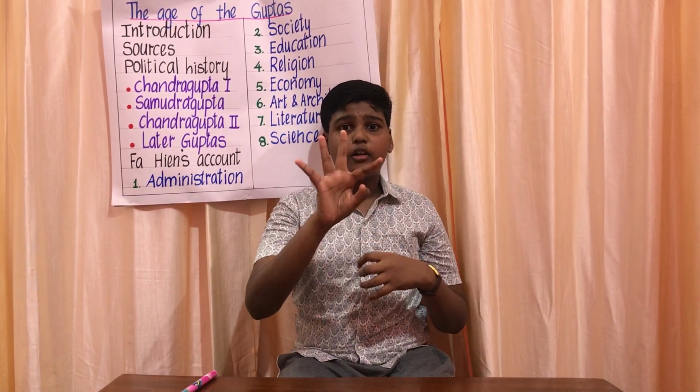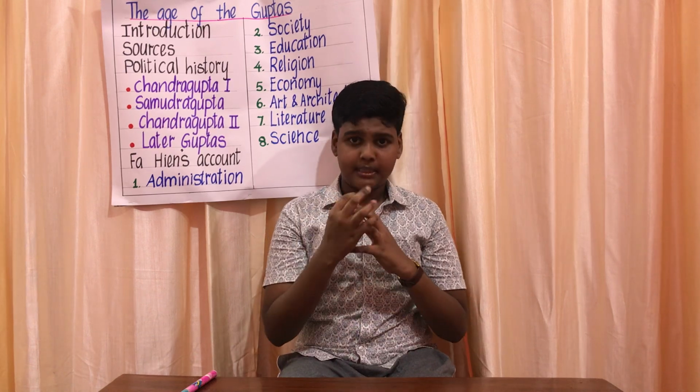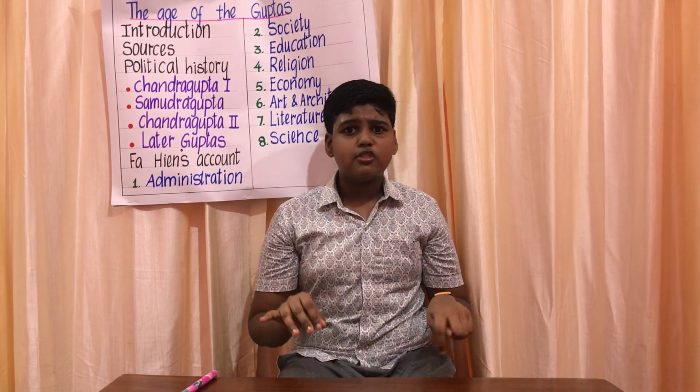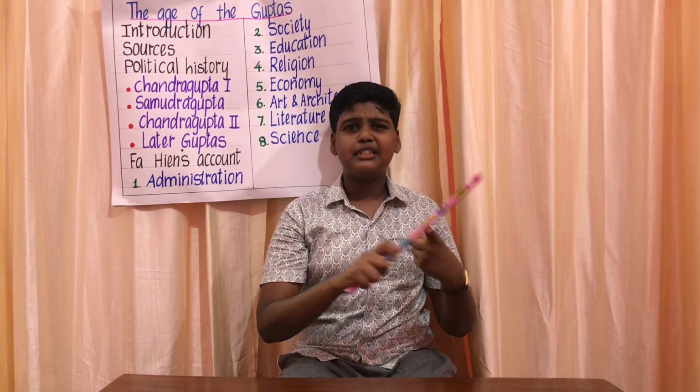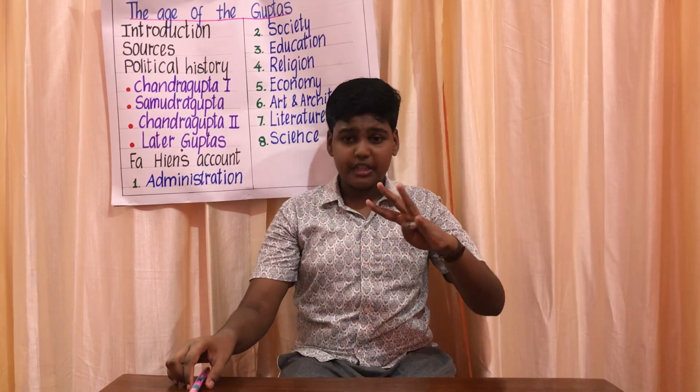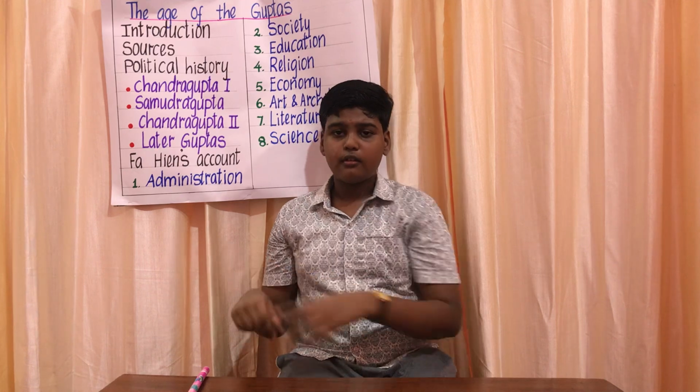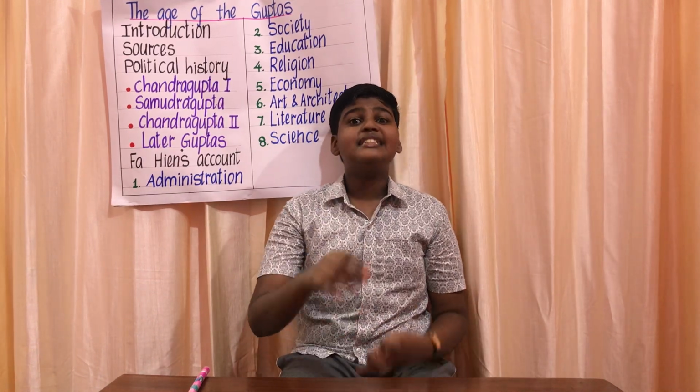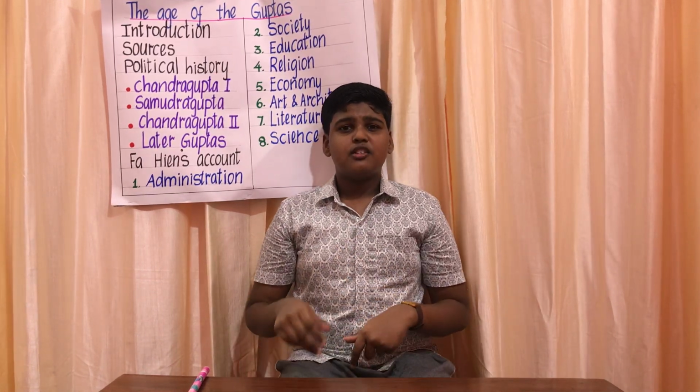the four caste system became very rigid. We already know the Brahmins, Kshatriyas, Vaishyas and Shudras. It became very rigid, and there were also subcastes. One of them is the untouchables, the Chandalas.